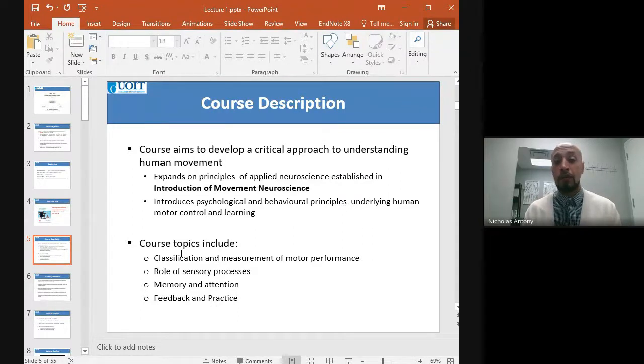Because a lot of our research methods are classifying and measuring or quantifying whatever you're analyzing to see how different variables alter your performance or alter whatever you're studying. And so that was a problem with early motor control and learning research, because we're trying to develop methods to analyze motor skills.